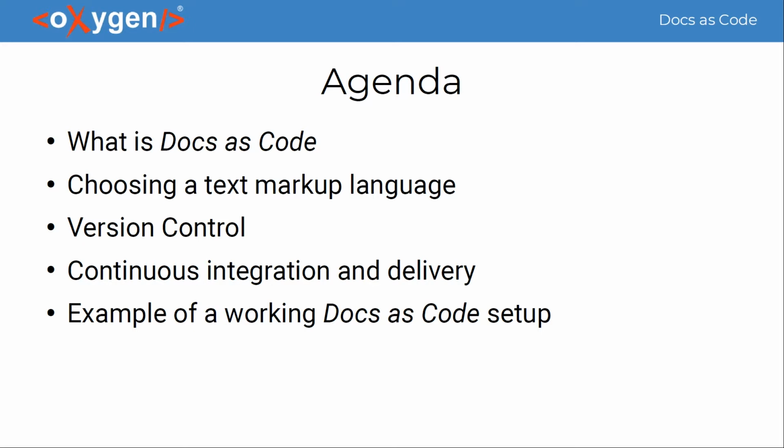Also, continuous integration and delivery are some buzzwords used frequently in software development, and we'll talk about them as well. And at the end, I'll show you an example of a working Docs as Code setup for a documentation project. I've chosen as, well, we will see when we get there.